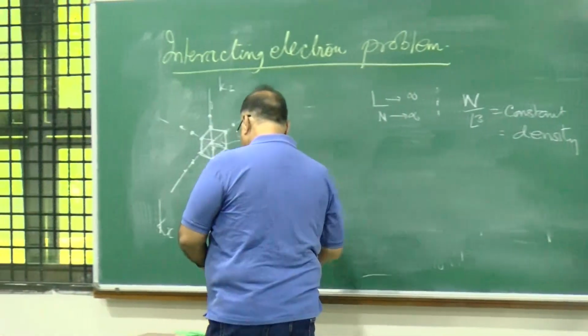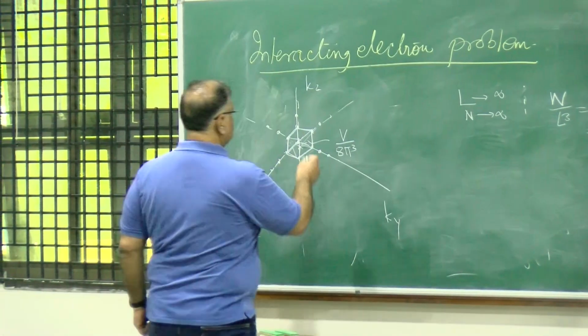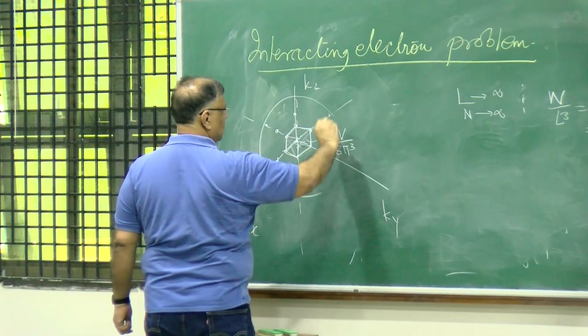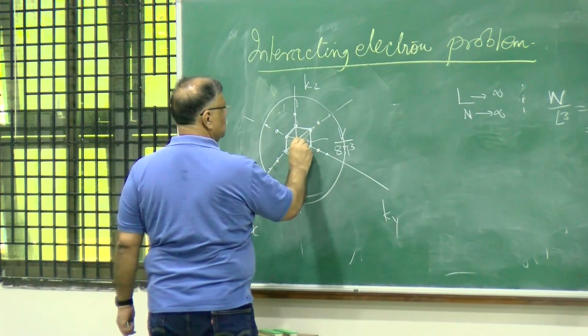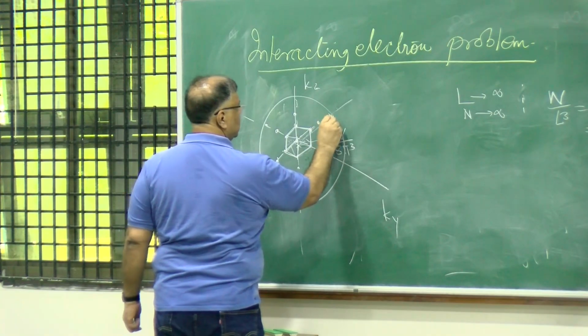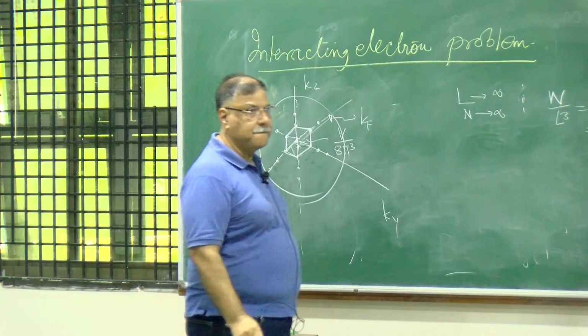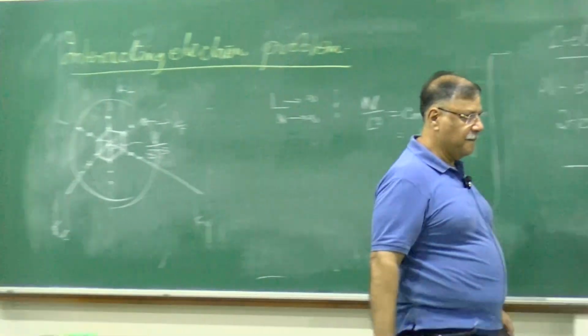This is infinitesimal. When you fill all these states, since the topmost energy has to be the same, you fill a sphere up to some radius kf. All right?